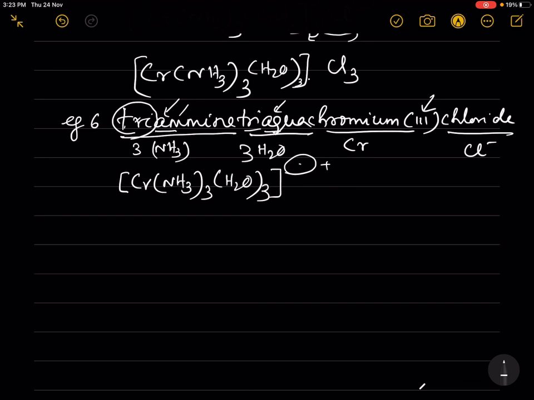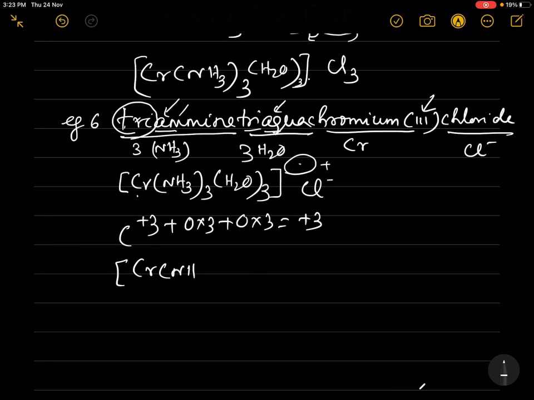You see, this is plus 3, this is 0 into 3, this is 0 into 3, which is equal to plus 3. So [Cr(NH3)3(H2O)3] is 3 plus, then Cl minus.